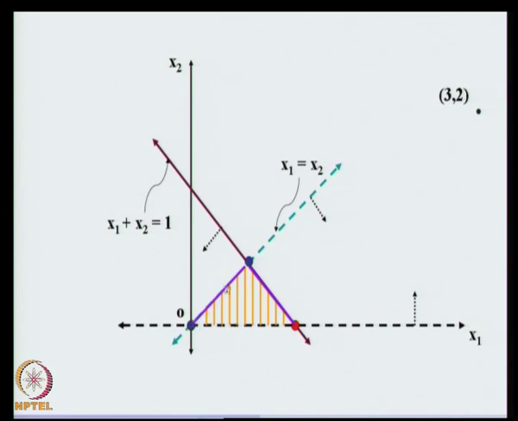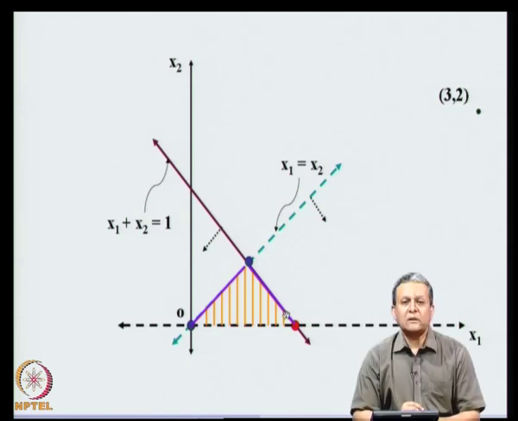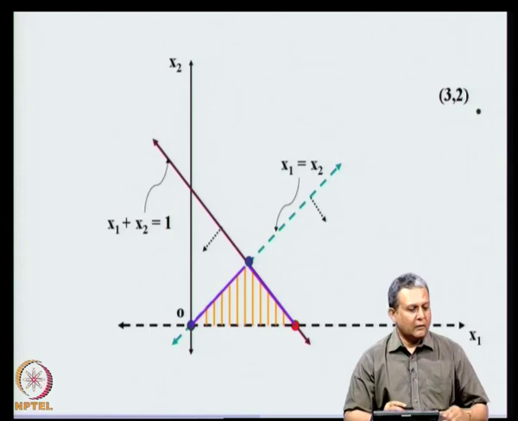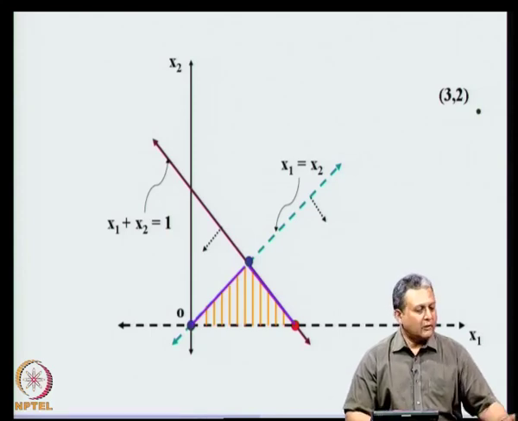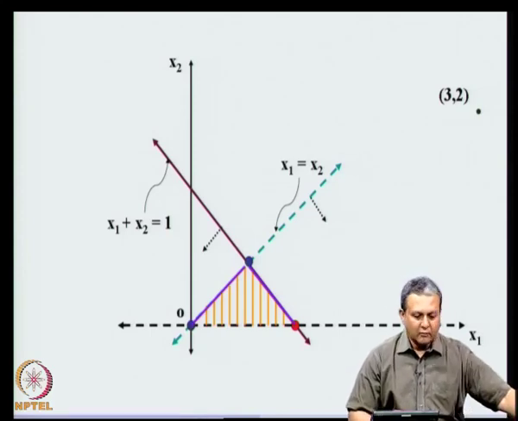Now, this was the path traced by the active set method, and you will see that one has to go to this vertex and then to this vertex to reach this solution. But are there any better ways of solving this problem? So, let us look at some of those methods.